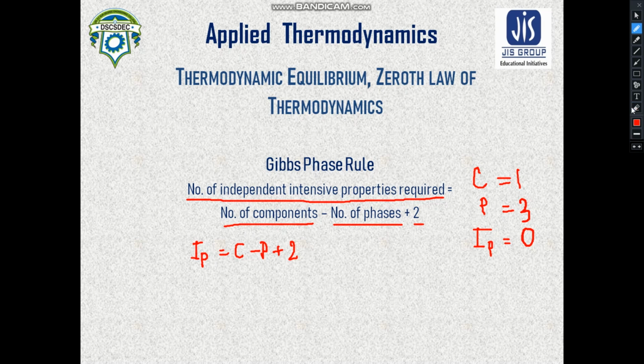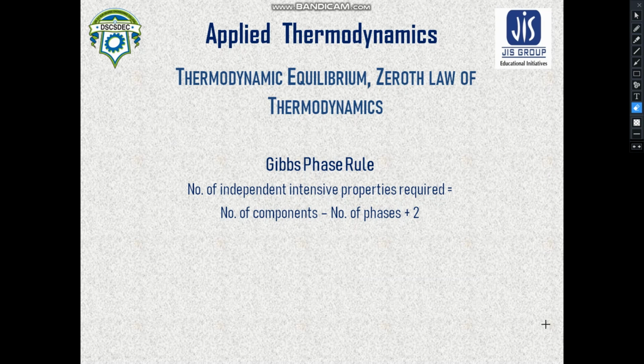Okay, so this is why we don't require any other information here. Now why does it become important? For any system, to understand the states and the characteristics of that system, we need to know what the properties are, and these properties need to be mentioned for the total system.